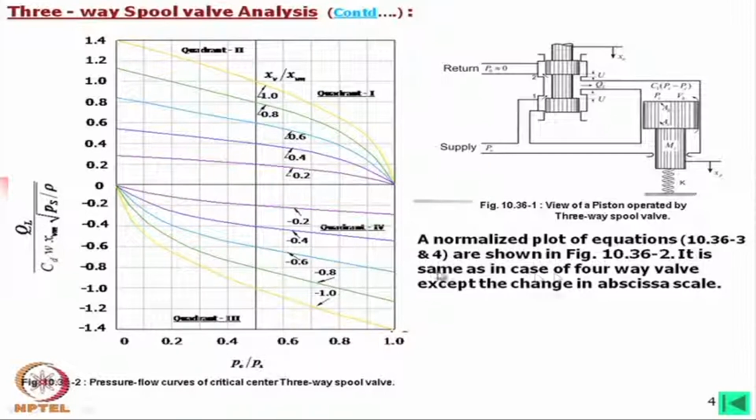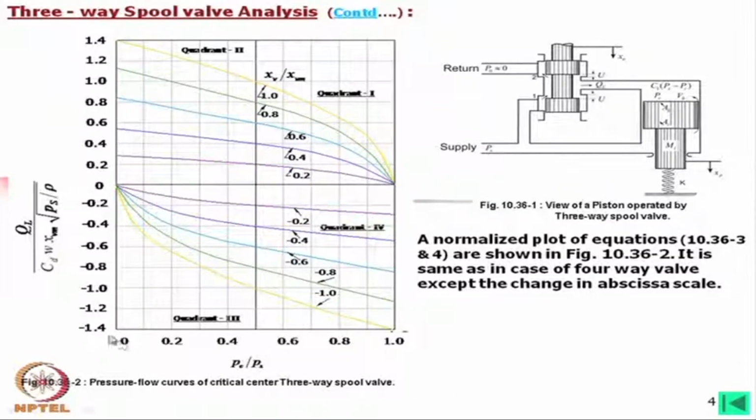Now, it is the same as in the case of the 4-way valve, except for the change in abscissa scale. If you remember what we have already studied, the 4-way valve, in that case you will find on this axis Pc by Ps is equal to 0 here, and then it is varying in the negative direction and varying in the positive direction. That is from the left hand side to the right hand side of this spool.